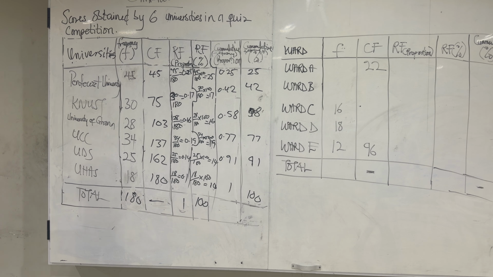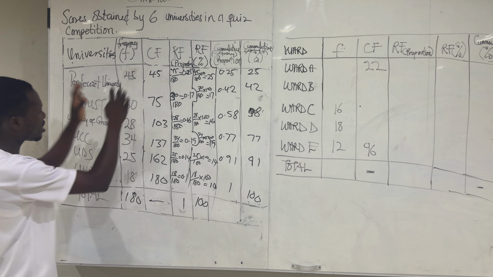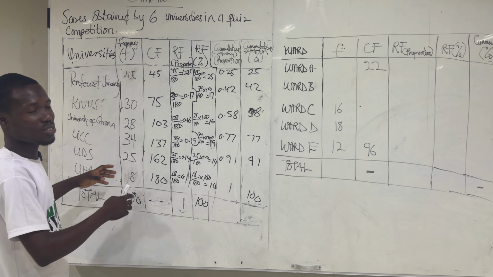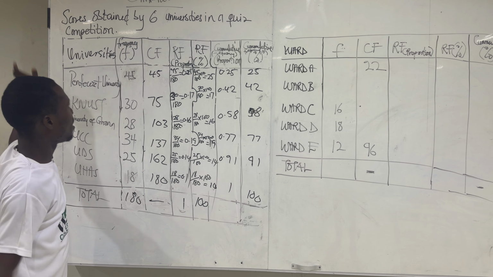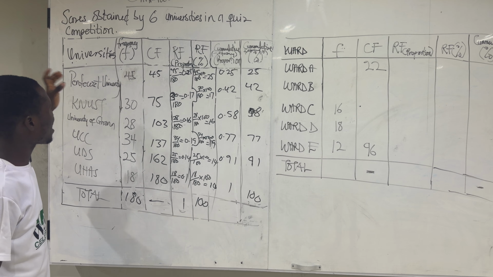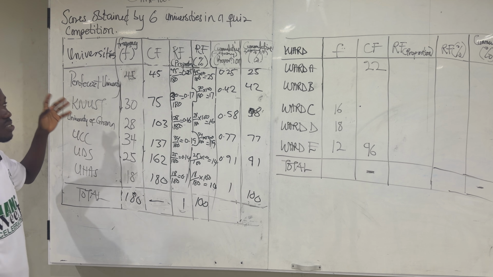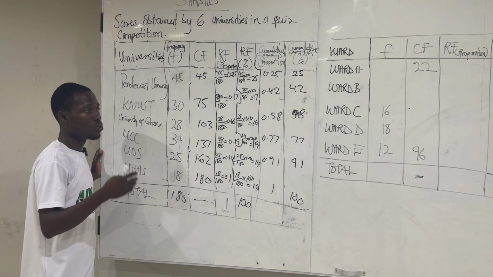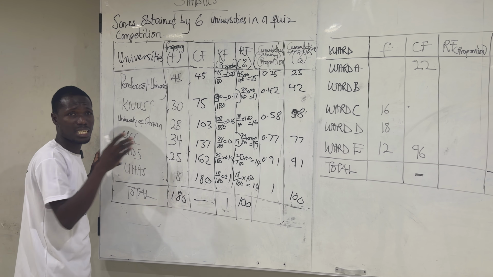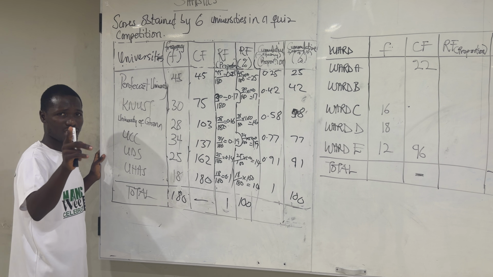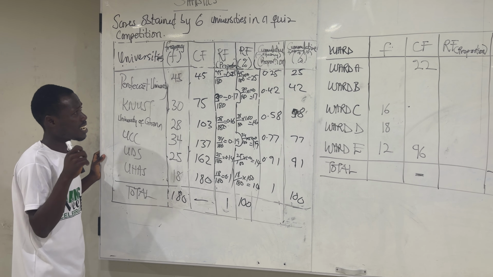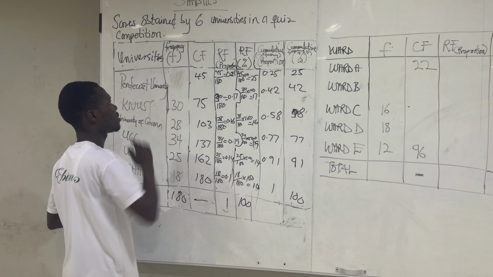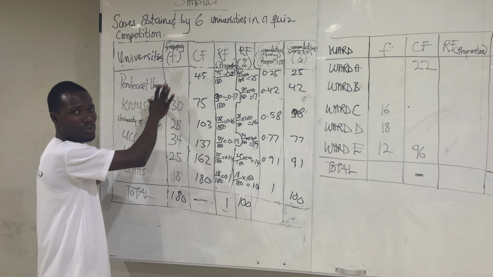So in summary, this table represents the scores obtained by 6 universities in a quiz competition. The key thing you have to know is to look at the missing numbers. Another trick your lecturer can do is to decide not to give you some of the frequency values.